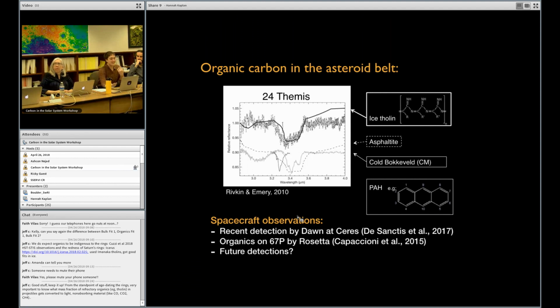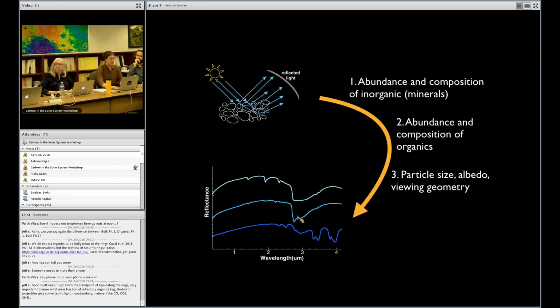And so it's been compared to a number of materials. We expect that for the C-type asteroids at least, the spectral signature will look similar to the spectral signature of our carbonaceous chondrite meteorites. So that's an assumption going in.